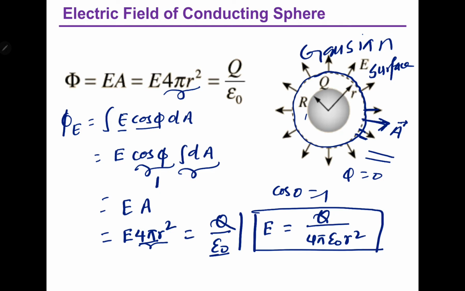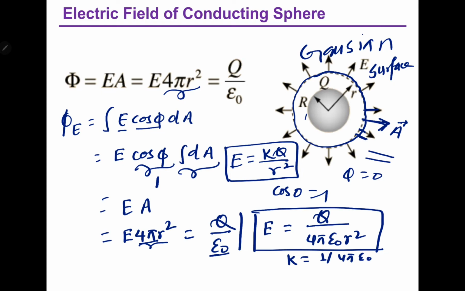See here, we can get the same equation by using Coulomb's law. We already got it, right? So in another way, you can write E equal to KQ divided by r square, right? Where K is 1 divided by 4 pi epsilon naught.